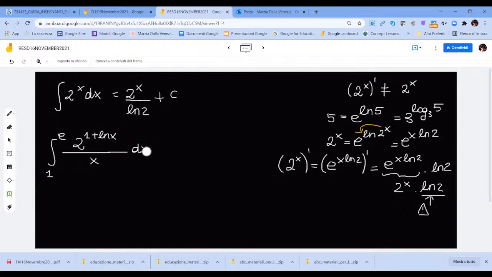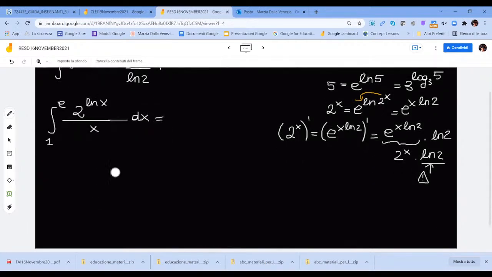Or maybe I can write this one without the 1, because it doesn't matter. 2 raised to the power of logarithm of x divided by x. What is this? Normally, you should find out if you can consider something that it is possible to derive, that gives you this kind of function.